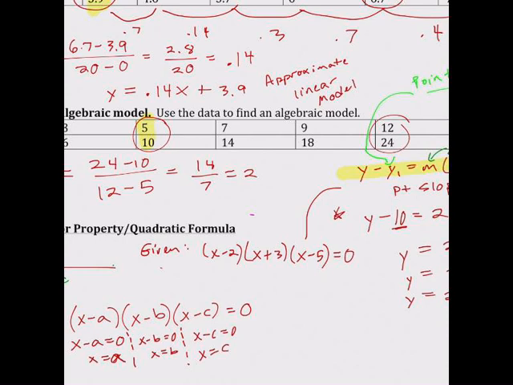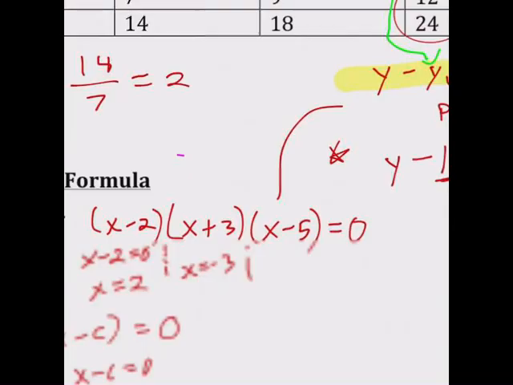And the mechanical algebraic way we go about doing that is we take each little piece, x minus 2, set it equal to 0, and you probably already know it's just a matter of finding out what x makes that 0. And if you can do it mentally, do it. 2 is definitely what makes this 0. This one, -3 for the middle one, totally makes it 0. So I'm going to start just writing those in. There you go. And then the last one, of course, x equals 5 is the other one.